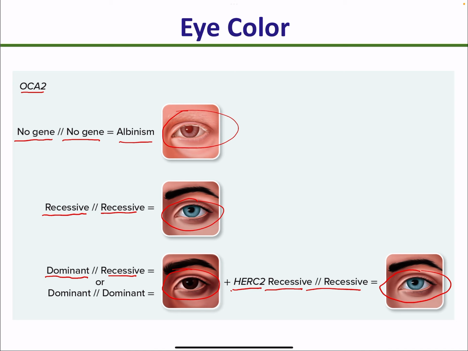So the color of the eyes, it's kind of complicated here. So it's not just OCA2 that is responsible for controlling the color of the eyes. HERC2 is also involved in that, right? So there is a level of complexity here, right?